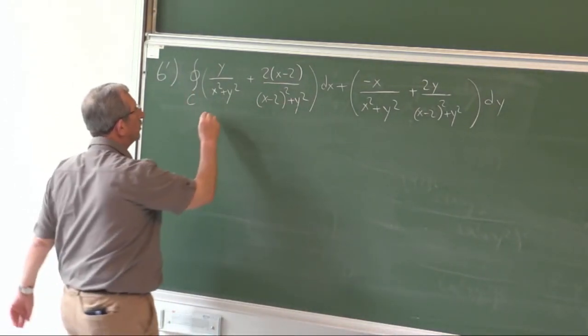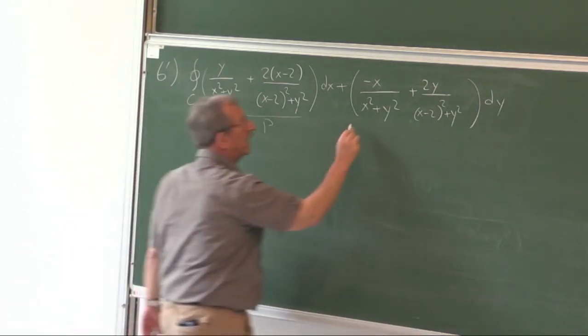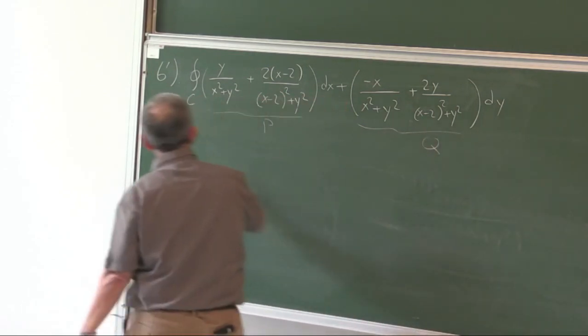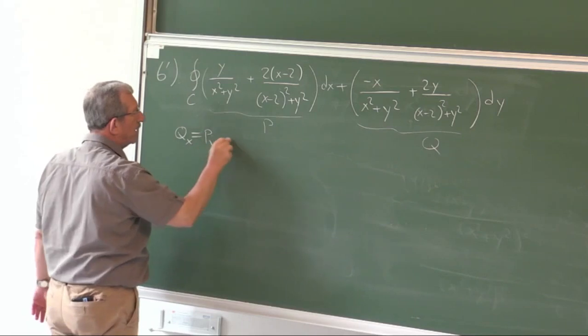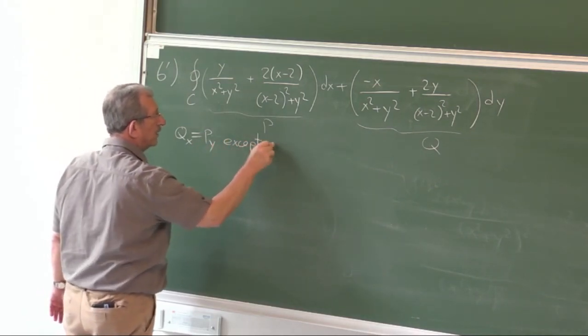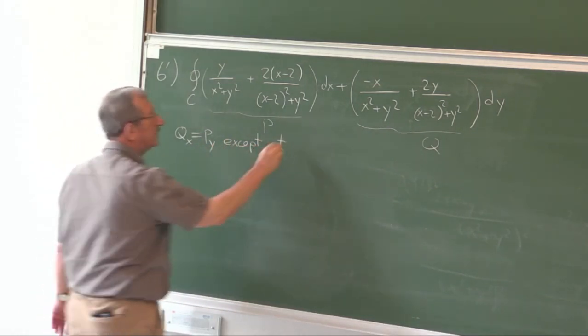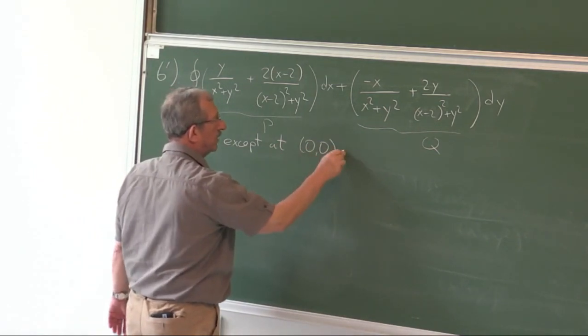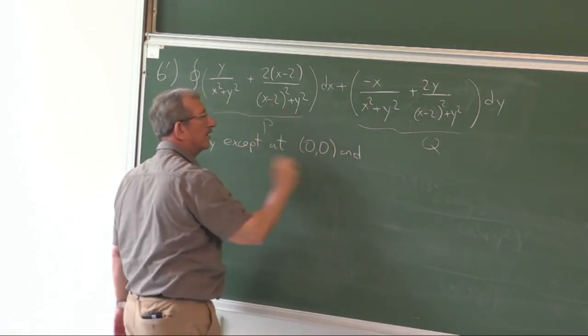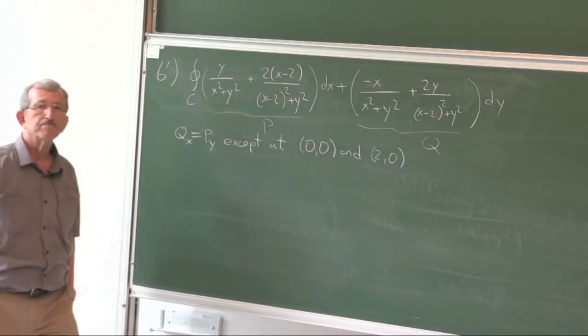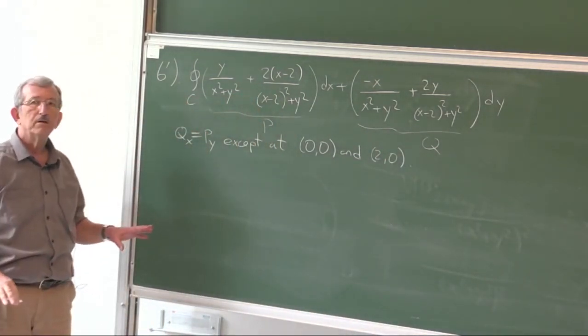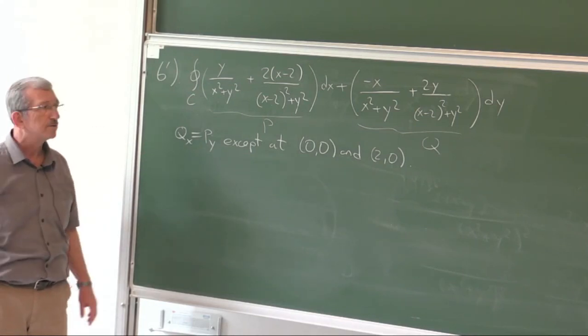In short, if this is p and if this is q, then q sub x is p sub y, except at the points (0, 0) and (2, 0). So we have two problem points because we combined the two integrals.